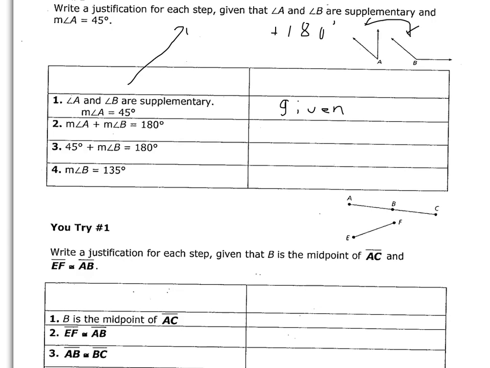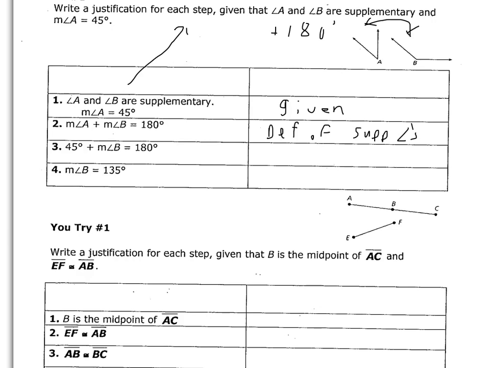That's what we know, and we know that because if two angles add up to 180 degrees, they're supplementary. So your reasoning for number 2 would just be that that's the definition of supplementary angles.